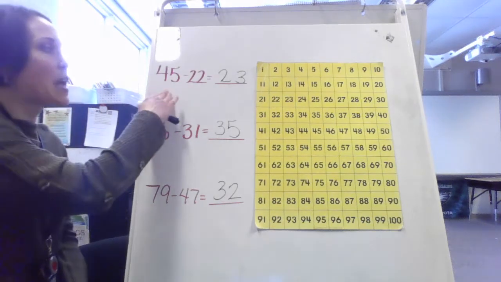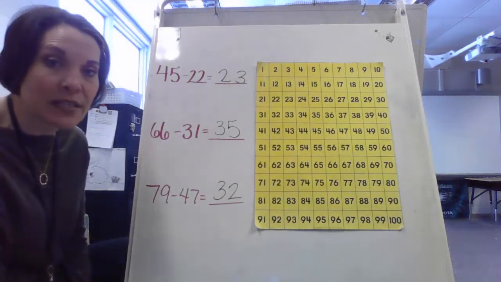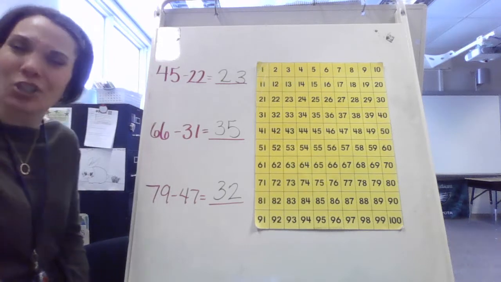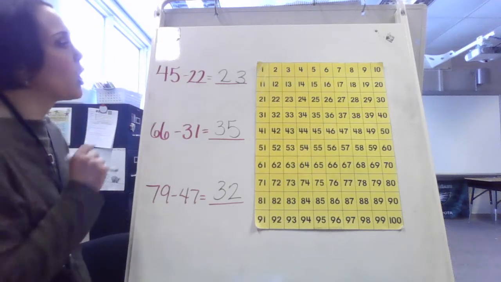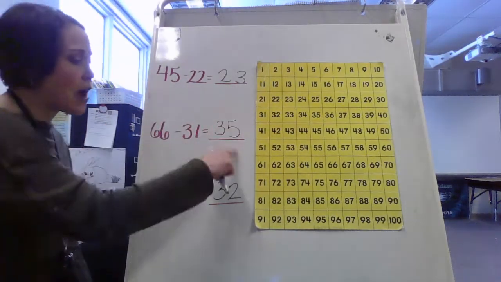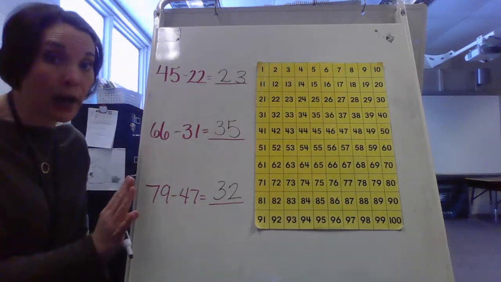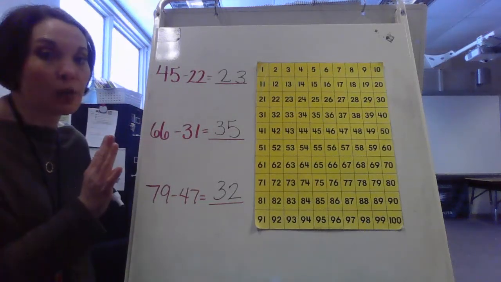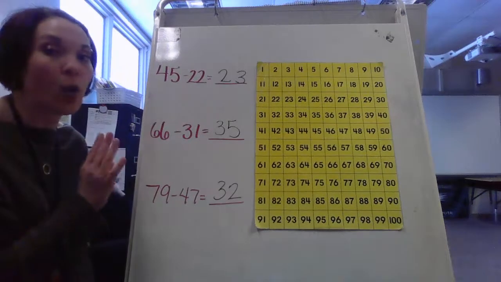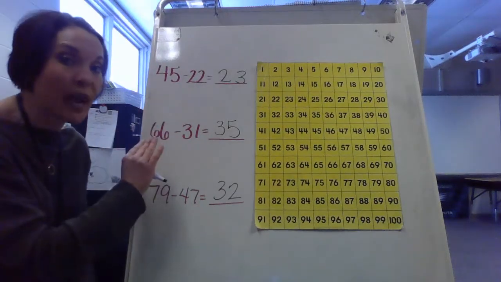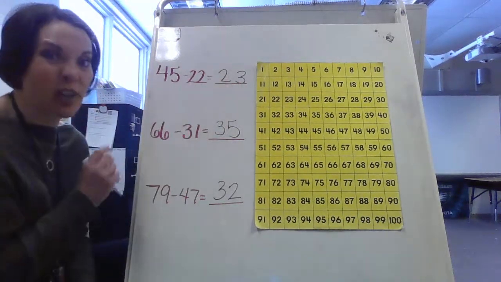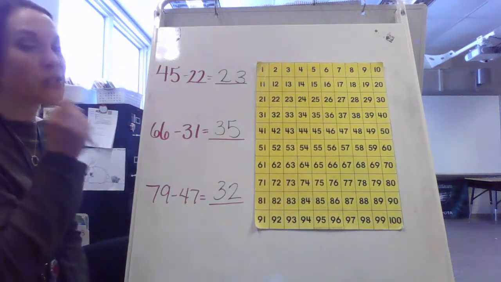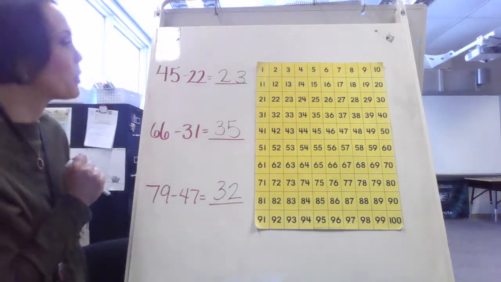I'm going to take each one of these number sentences and modify them just a little bit. Even though we have our answers for each one, that's a good starting point, because it's going to help reinforce that we're correct when we do the counting on strategy. It's always great to have another option to show your work.